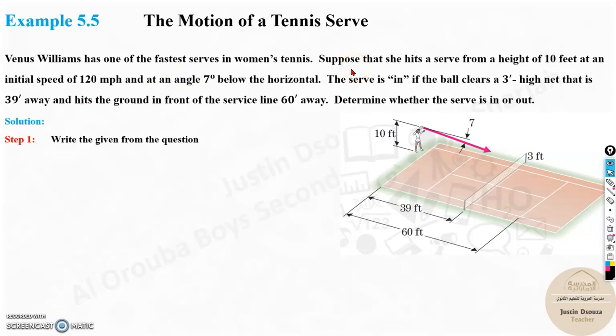It is better to convert miles to feet, because so many things are in feet. So it is better to convert this miles per hour to feet per second. How do we do that? If you're getting confused with the conversion formula, it's very simple.